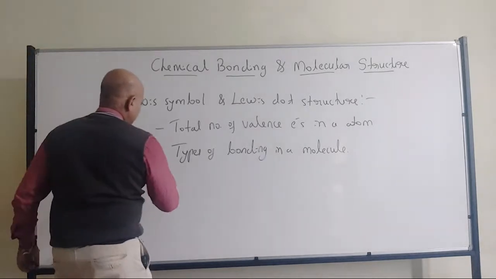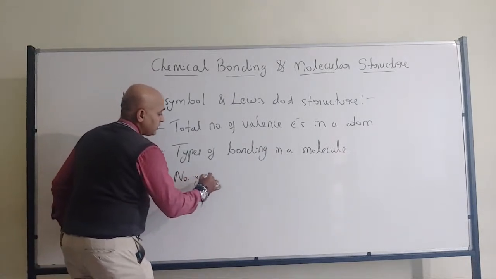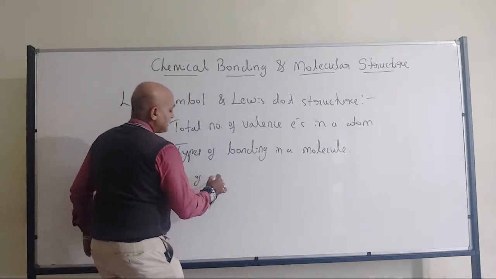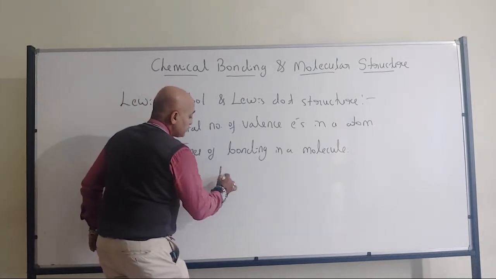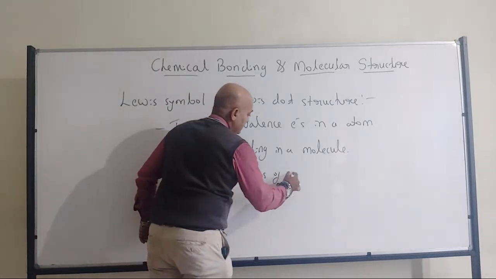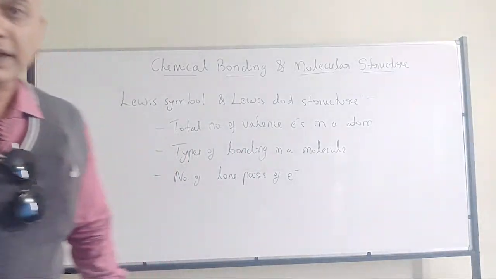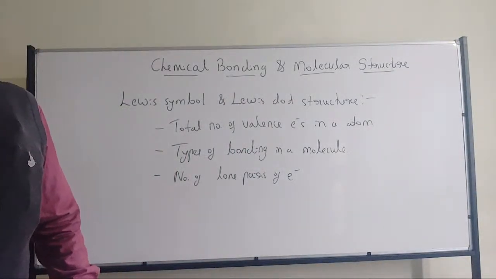Then it will give the information about the number of lone pairs of electrons, that means those which are not involved in the bonding.